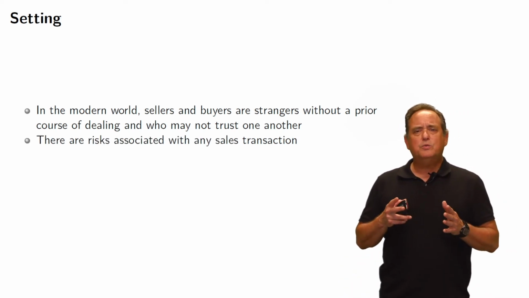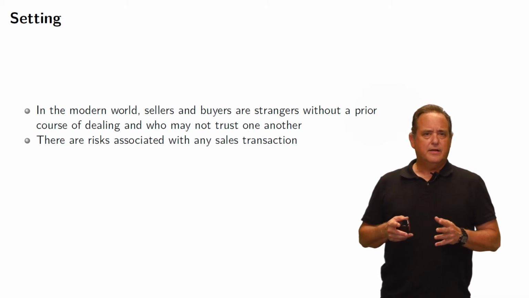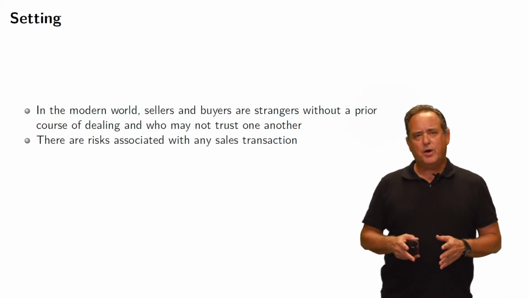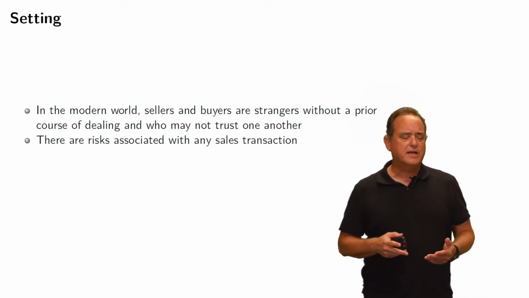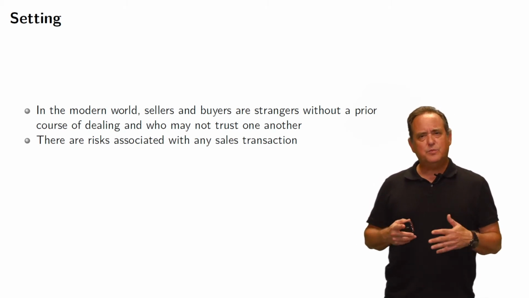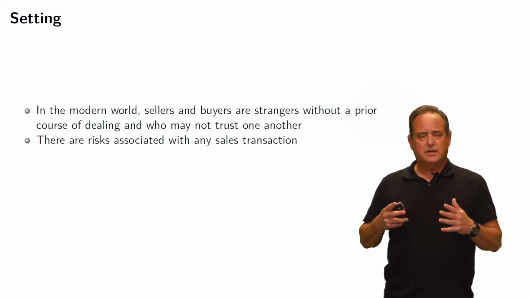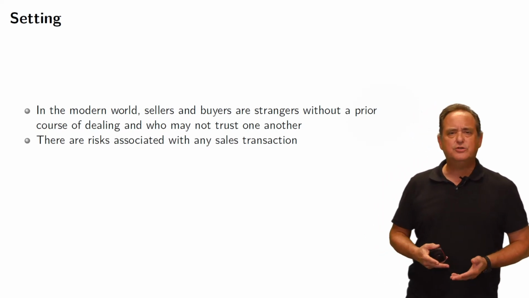Now, when you decided to purchase that good online, there was associated with that purchase certain risks. There were risks associated with that sales transaction the same way they're associated with any sales transaction. Essentially, problems with performance. Is the other party going to send you the goods?